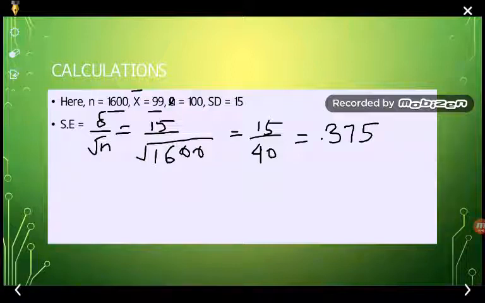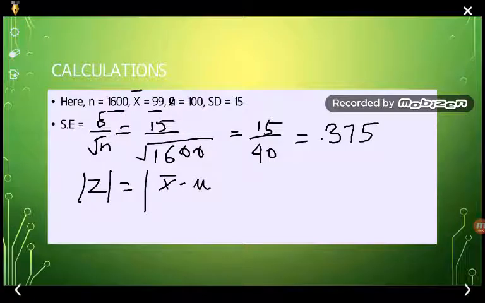Now we have to put it inside the Z value. Here we have to take the absolute value of Z. Always remember, it is not only the Z value but the absolute value of Z. That can be written as the absolute value of x bar minus mu, divided by the standard error of the mean. This is the formula.